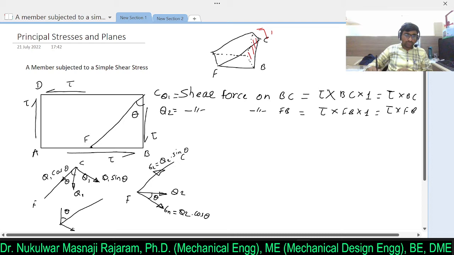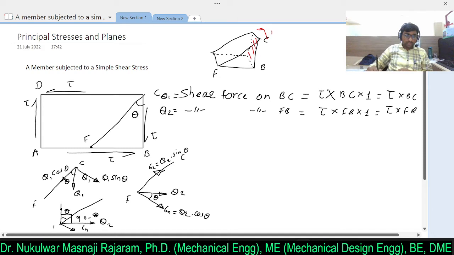If you consider this is the normal stress and this is Q, now if you observe, this vertical line is 90 degrees, and this Q2 is a horizontal line, and as this is theta, this must be equal to 90 minus theta.